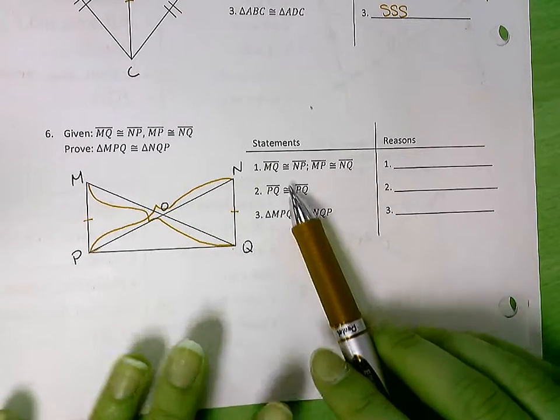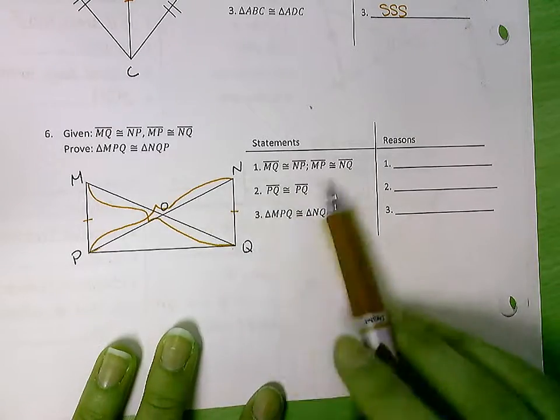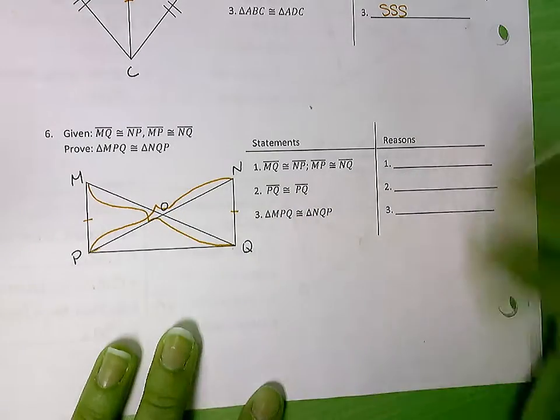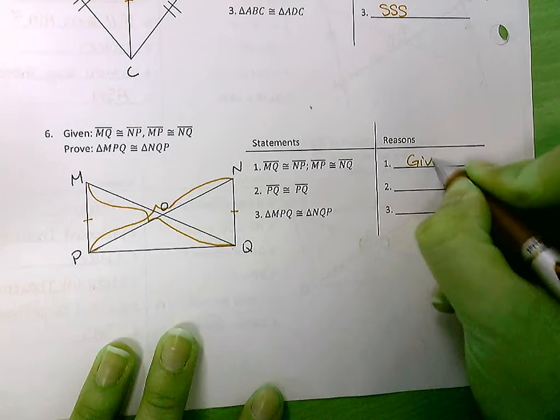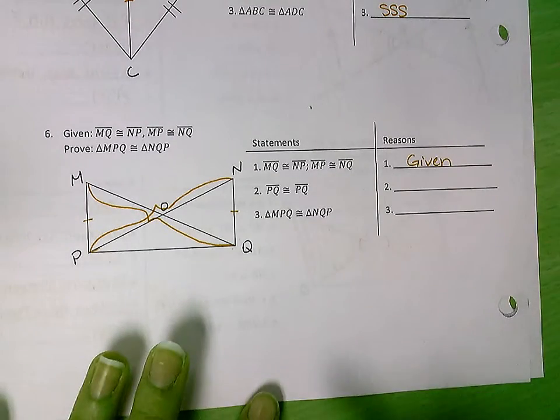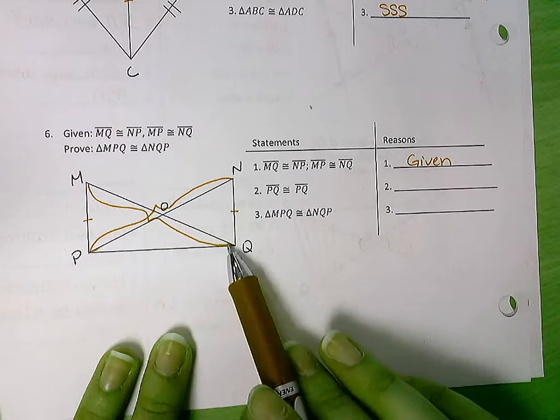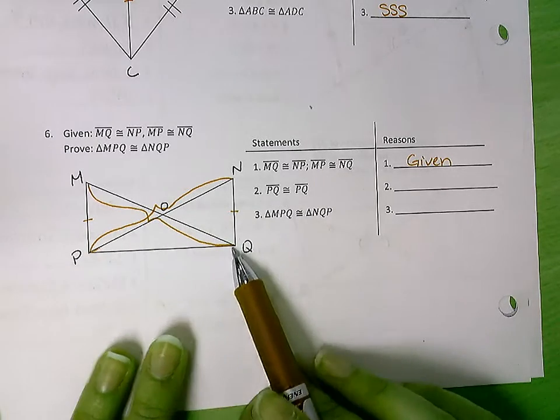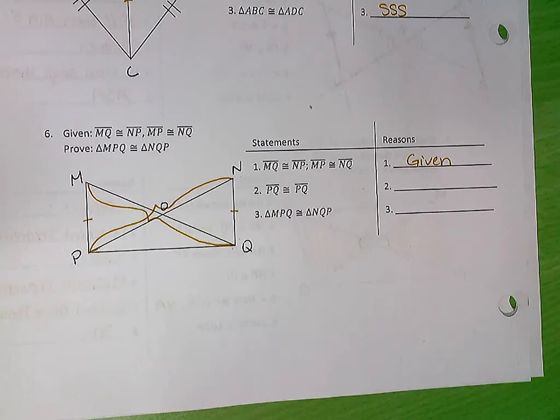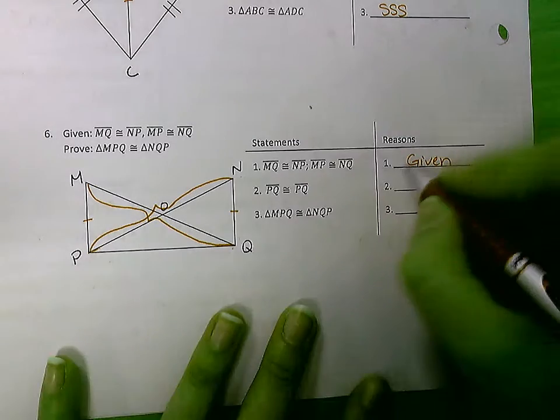So looking at our statements, our first one was our two congruencies. That is your given. Next, we're saying side PQ is congruent to side PQ. Both of those triangles share that side since they overlap. Now if I have a side congruent to itself, again, that is the reflexive property.